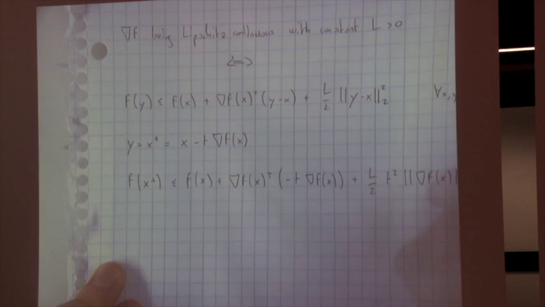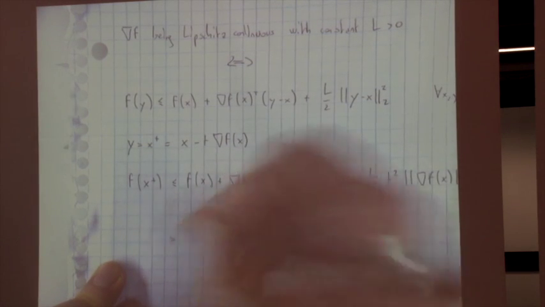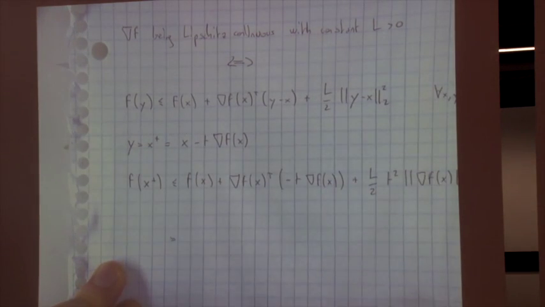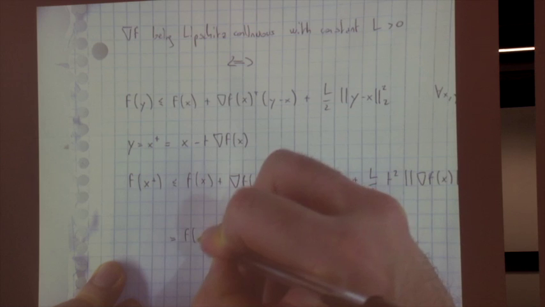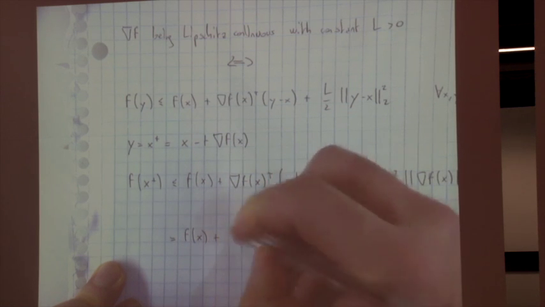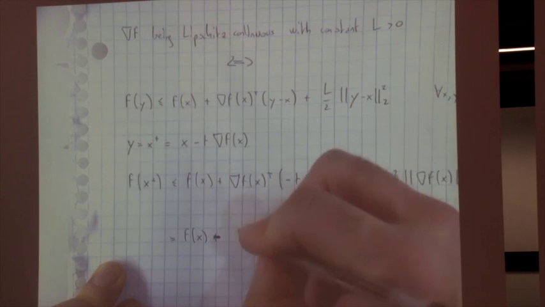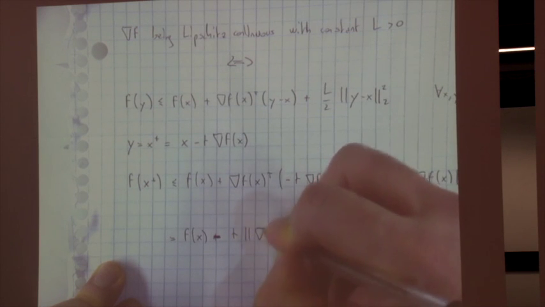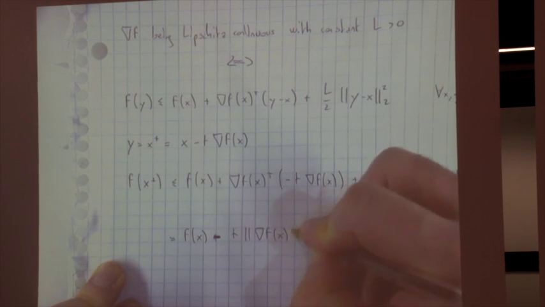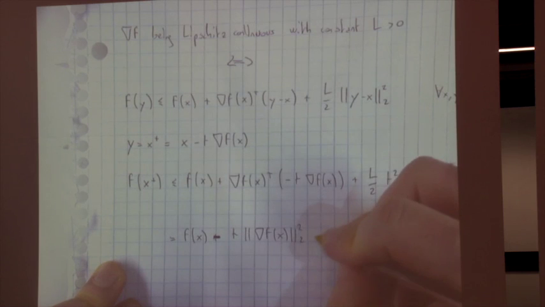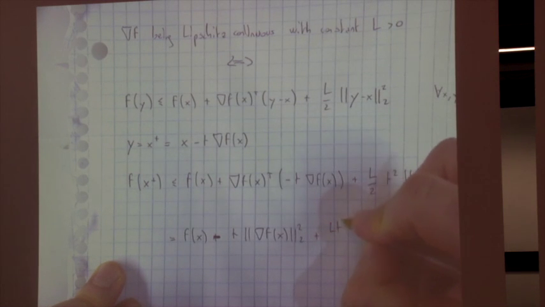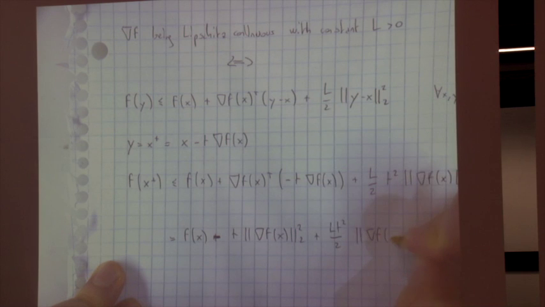Now I can rewrite this by collecting t. First, to make it clearer, this is the same as f of x minus t times the square norm of the gradient of f at x, plus L t squared divided by 2 times the square norm of the gradient of f at x.